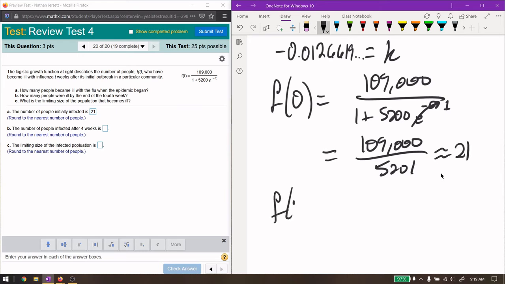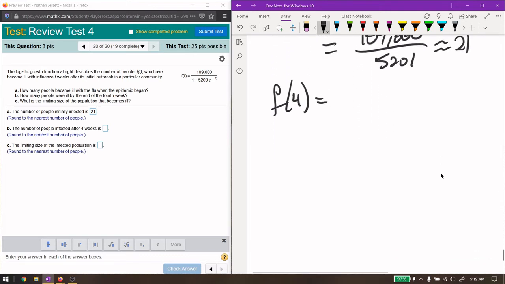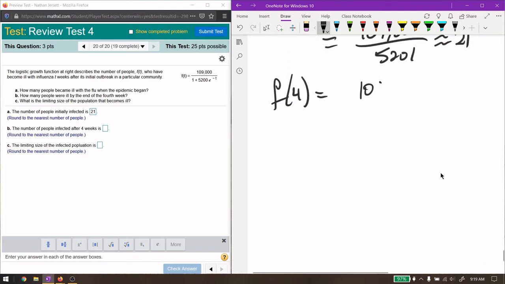The next one is f of 4. So we have 1 plus 5200 e to the negative 4. And this one, really, you just got to type in a calculator. The powers of e are not very easy to calculate.